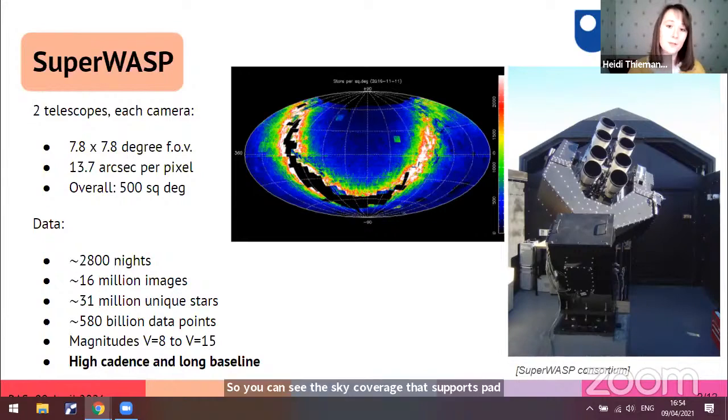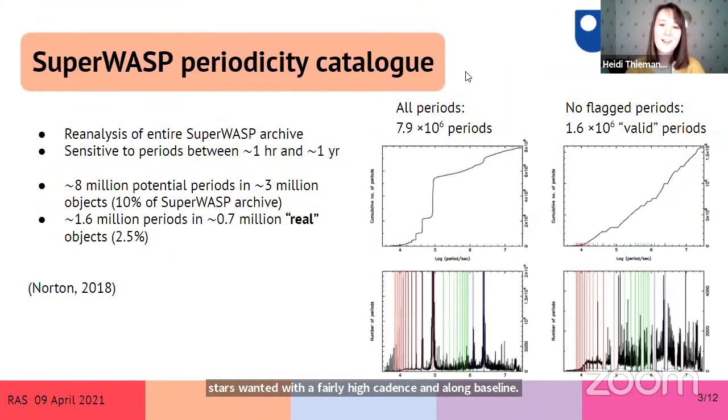Now, during this time, SuperWASP took a huge amount of data, and the final photometric archive contains around 580 billion data points, corresponding to around 31 million unique bright stars, monitored with a fairly high cadence and a long baseline. So starting in 2015, my supervisor, Andrew Norton, who I think might be here today, began a reanalysis of all 31 million light curves in the SuperWASP archive.